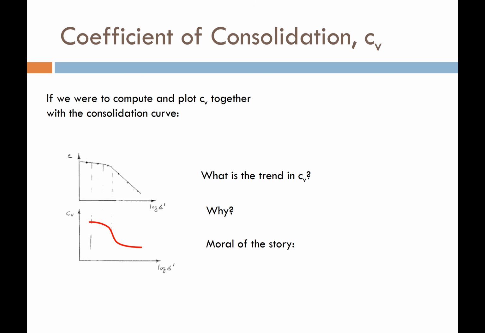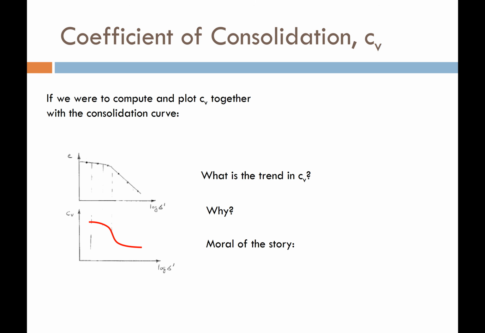The C sub v curve would show some sort of behavior like this, where we get a big steep portion of the curve that generally corresponds with the pre-consolidation stress. Up above, in the zone where we're over-consolidated, we have higher C sub v values, and in places where the soil is normally consolidated, we have lower C sub v values.